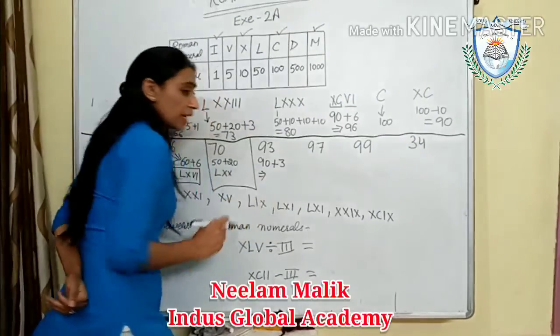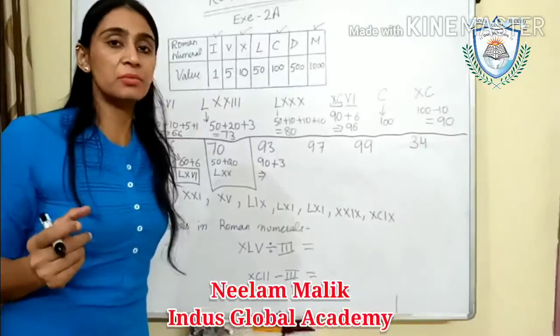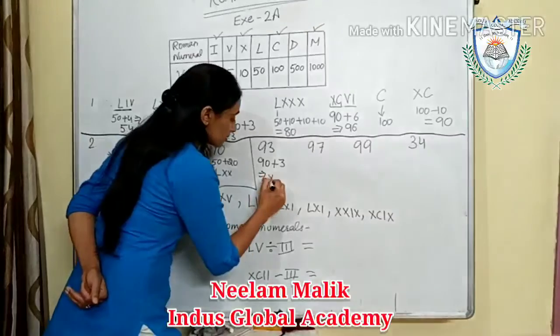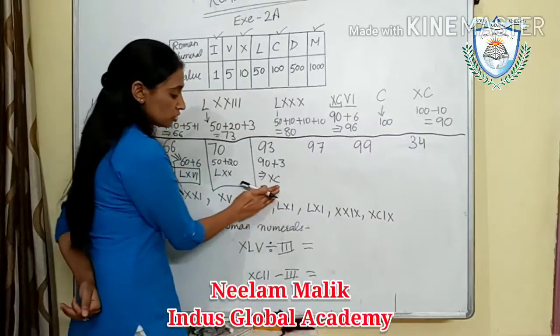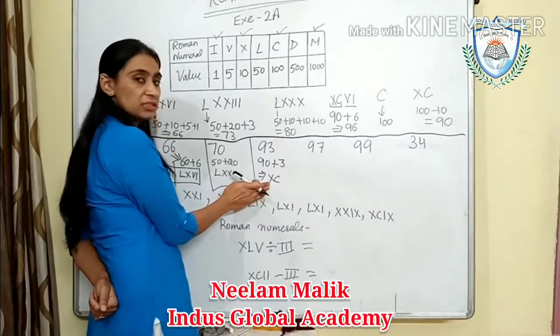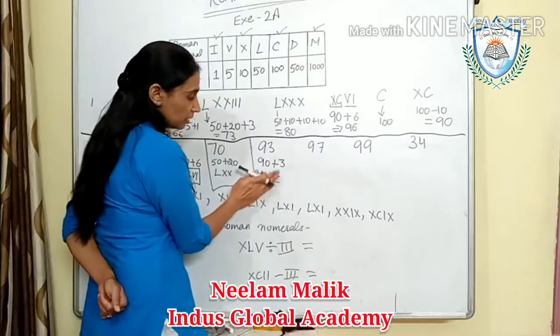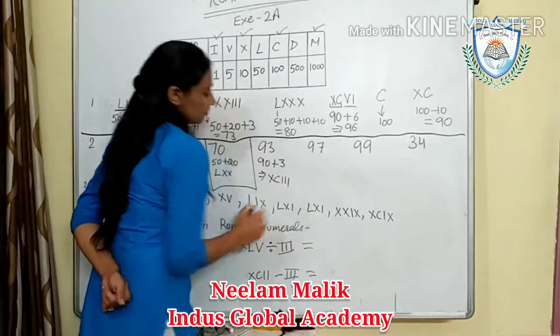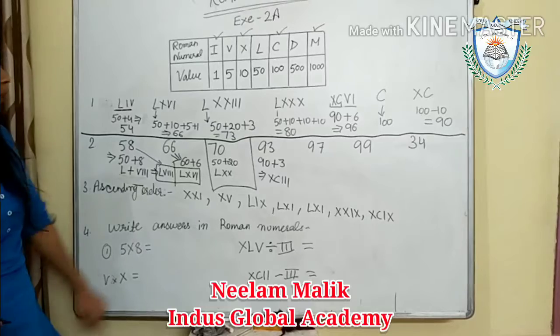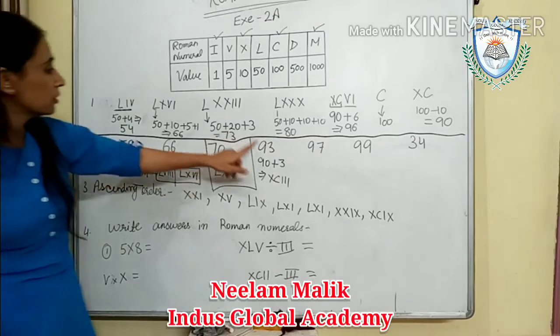If we do minus, we write on the left hand side. So XC is our 90, because C is 100 and if we are writing on the left hand side, that means we are subtracting. So this is 90 plus 3. 3 means III. So this is your 93.